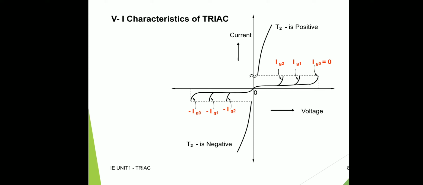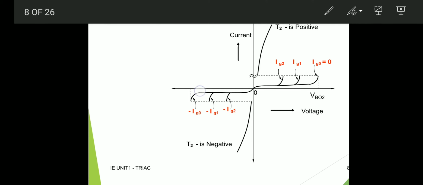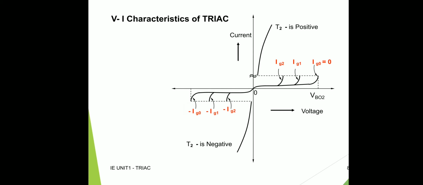But the triac is a bidirectional device, which is why it conducts both ways, and the characteristics are similar in the first and third coordinates. See, this is the breakover voltage VBO2, and here is the breakover voltage VBO1.